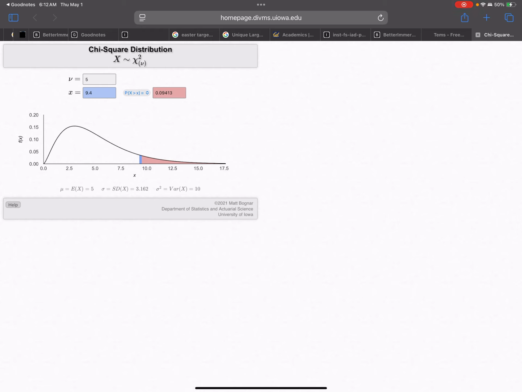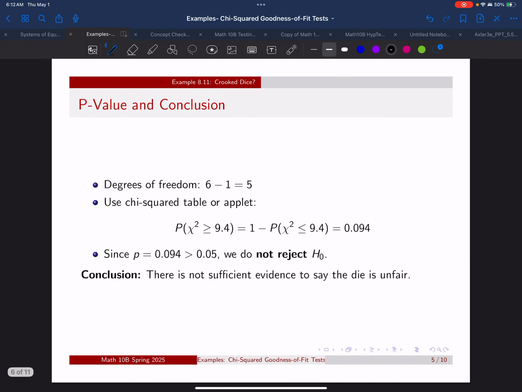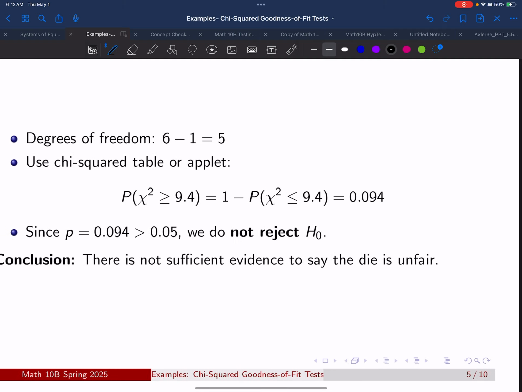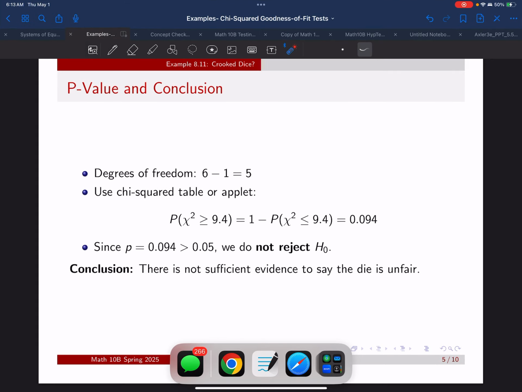So 0.09413. Right? So notice here, we used a tablet. Did we get this with a 0.094?